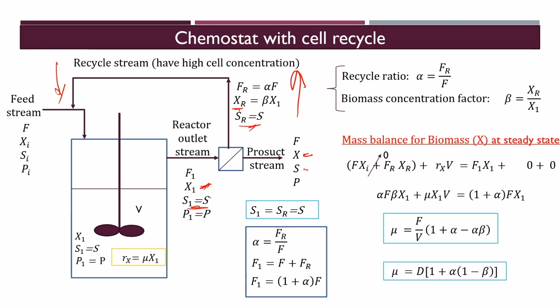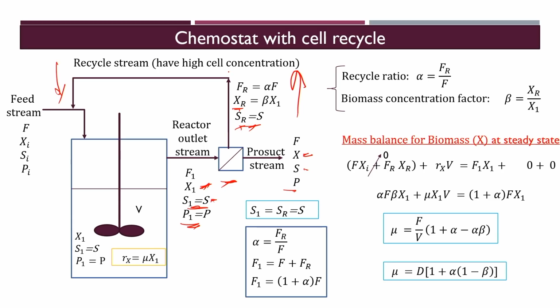Whatever outlet substrate is there will be S equals SR. Further, we are not doing anything with the P, so whatever was the P, the same P will go. Basically, we are effectively able to separate the cells and recycle them.